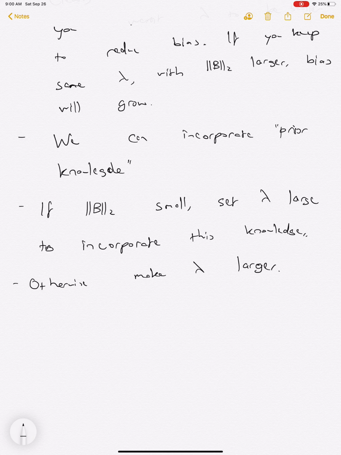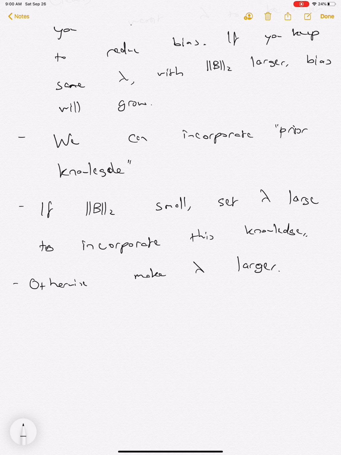Just to be clear, for the purposes of the homework, homework 3, I'm going to explicitly tell you how to set lambda. In practice, and what you're going to be doing in the project, lambda is typically set by algorithms like cross-validation. I'm not going to go through that in this part, because this part focuses more on the theory and methodology.